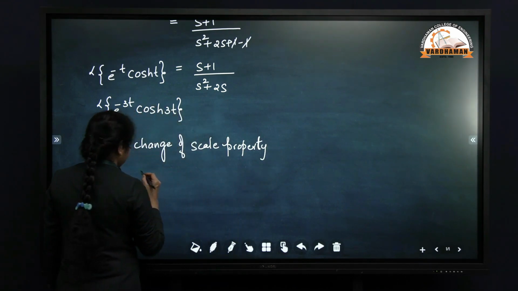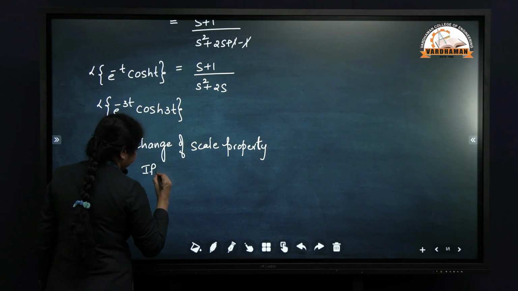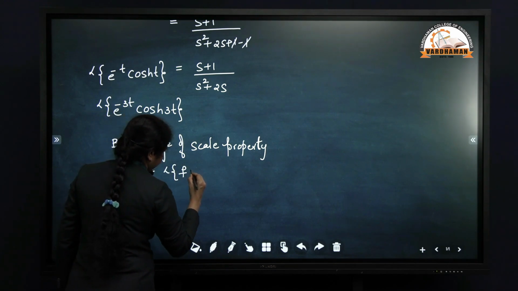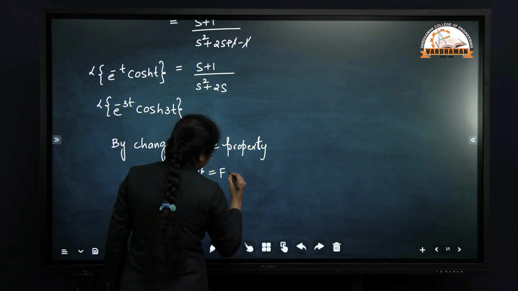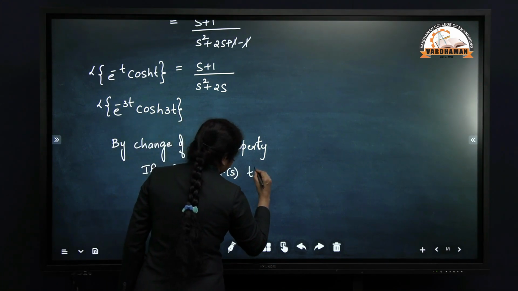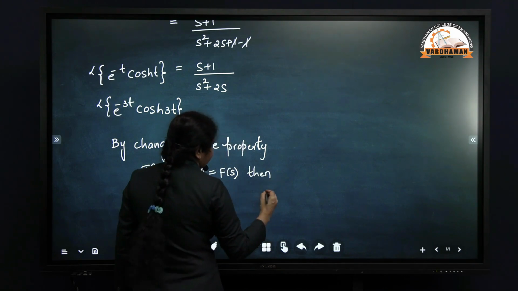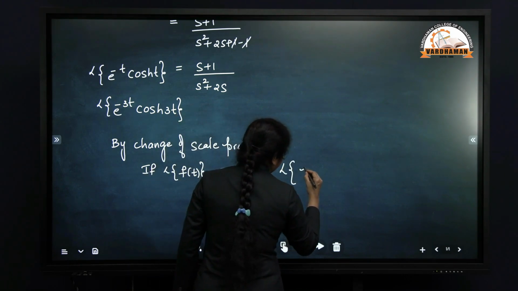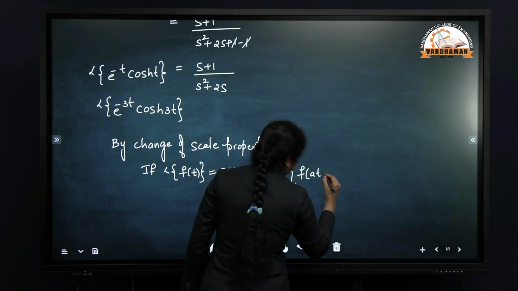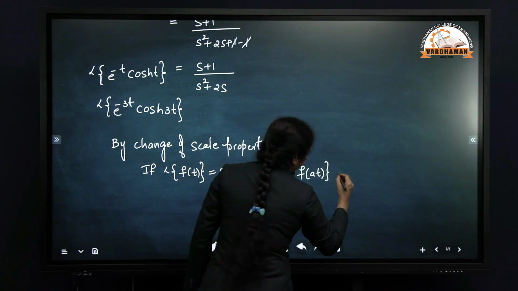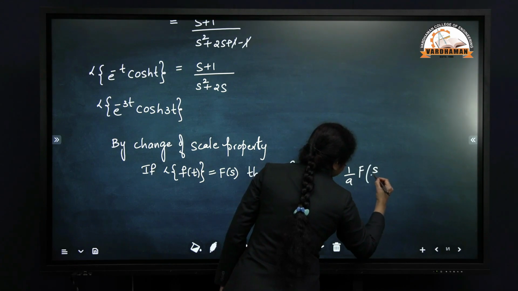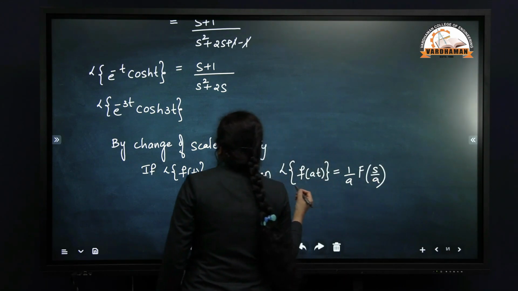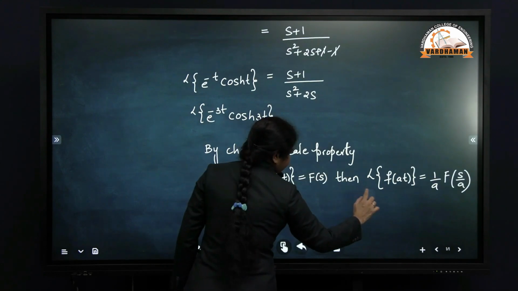So what does this property say? If L of f of t equals F of s, then the Laplace transform of f of a t equals 1 by a into F of s by a. So I am applying this part.